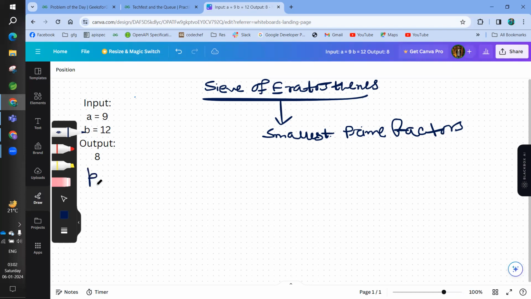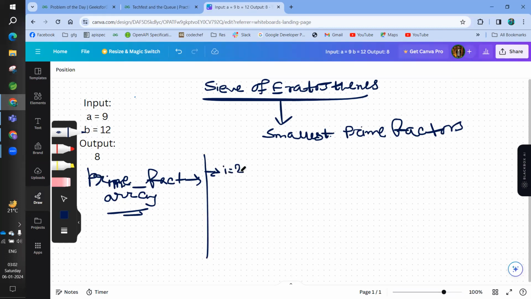So you can calculate the prime factor array. How will you do that? First, you will take i as 2. Then you will multiply it within the range.